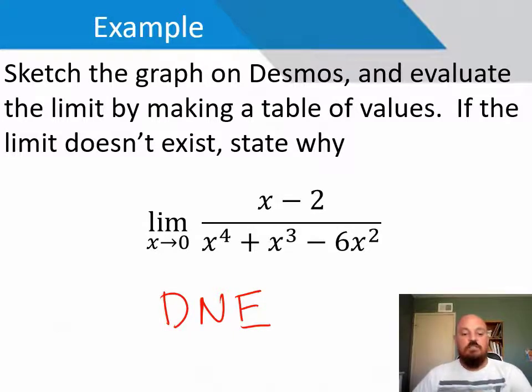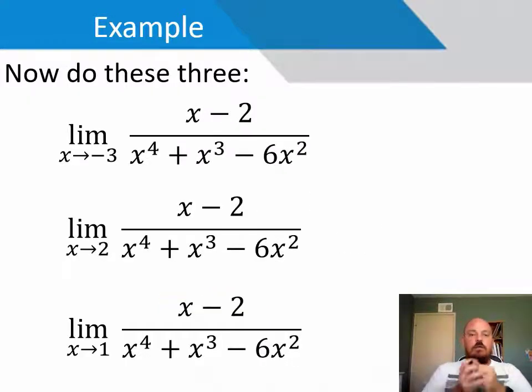All right, to finish out our example, we're going to do these 3 limits. Now, before, it might seem like a lot of work, but you notice it's the exact same function. So basically what I'm going to do, I'm going to go back to Desmos. I'm going to leave the graph in there, leave the table in there, and I'm just going to change those x values.